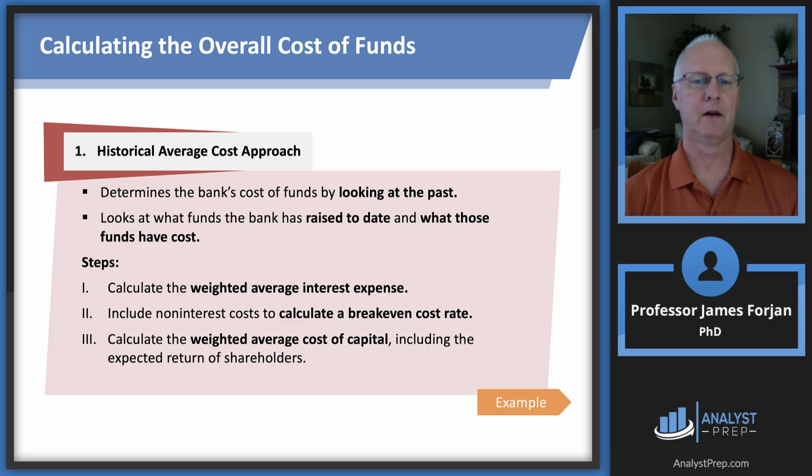All right, how about that learning objective about calculating the cost of funds? A couple of ways we can do this. Historical average cost approach. And remember our discussions from the past where I've always said it's perfectly fine to use an historical approach.